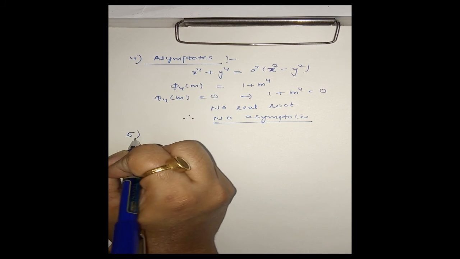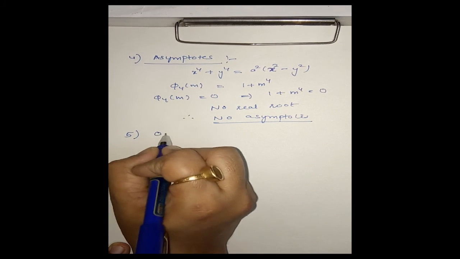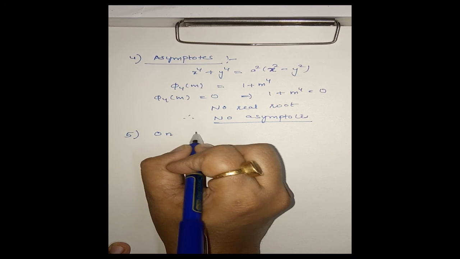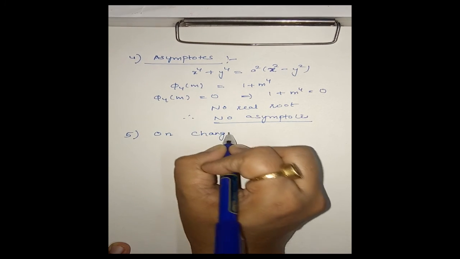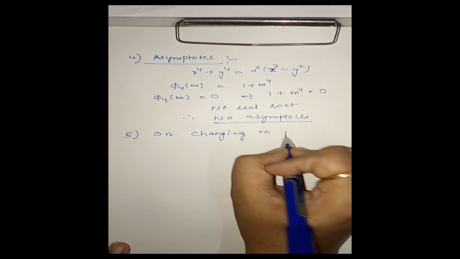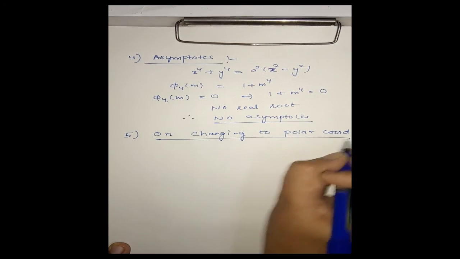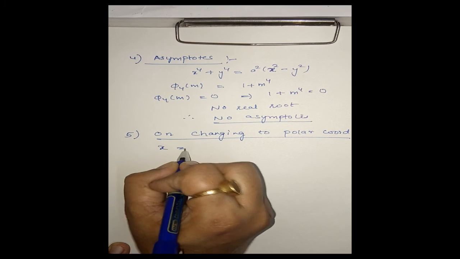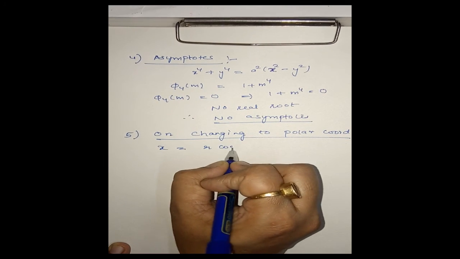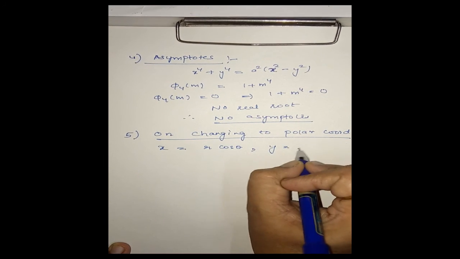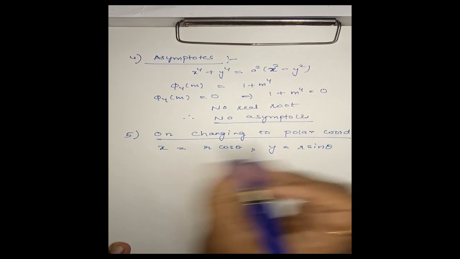Now, in the next step, we will transform this equation to polar form. On changing to polar coordinates, this can be done by substituting x is equal to r cos theta and y is equal to r sin theta in the given equation.